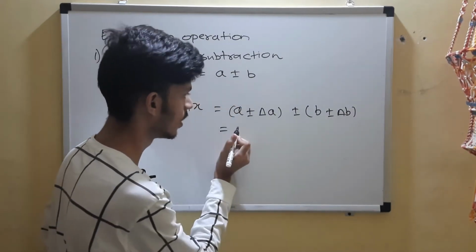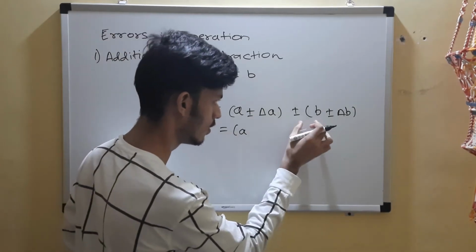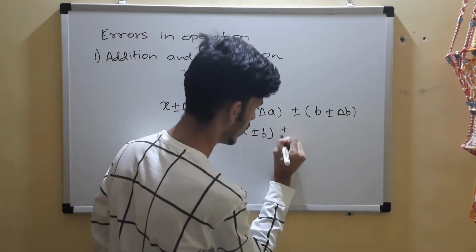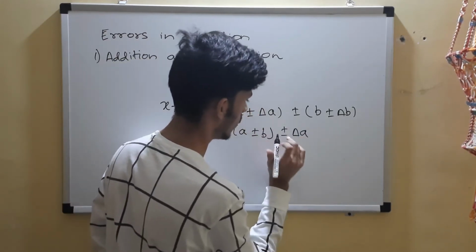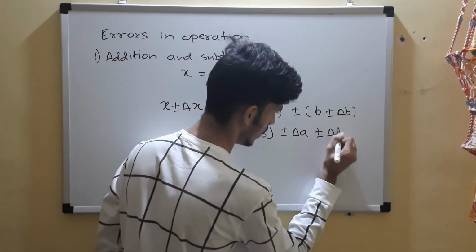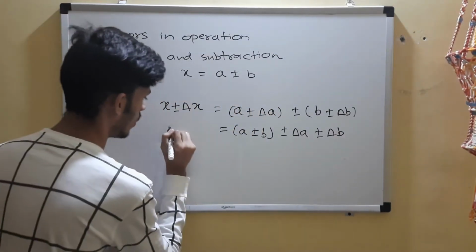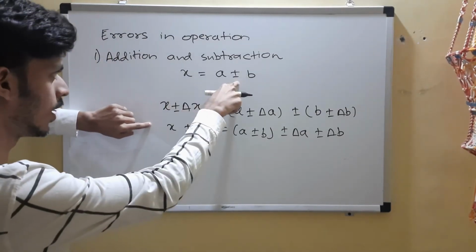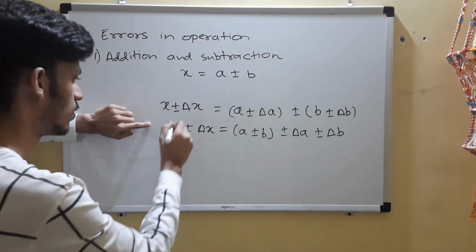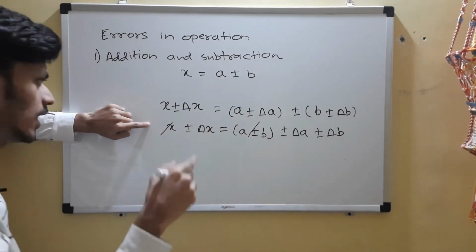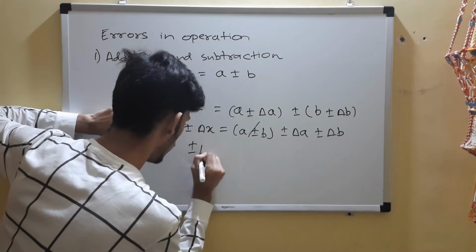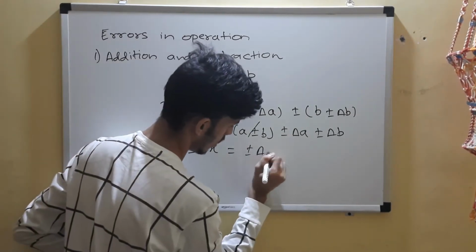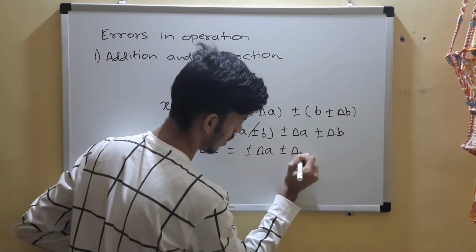Now let's club things together. So a and b we bring together, a plus minus b, and we take delta a plus minus delta b together. Now x was equal to a plus minus b, so you can cancel this out. What you are left with is plus minus delta x is equal to plus minus delta a plus minus delta b.